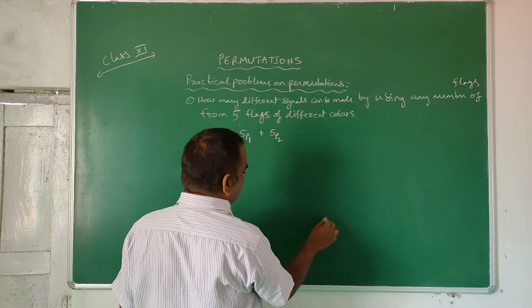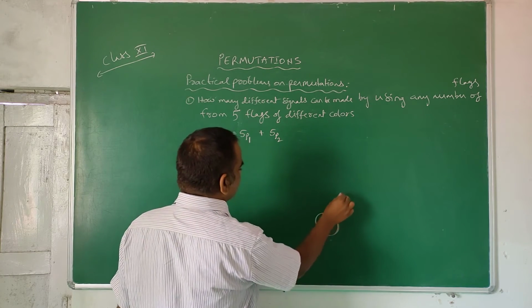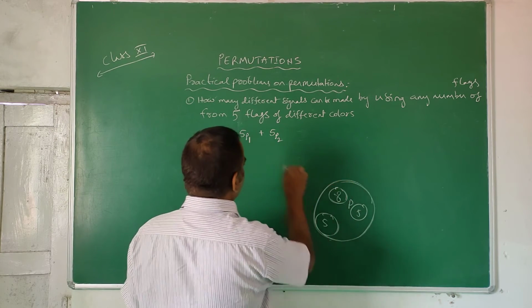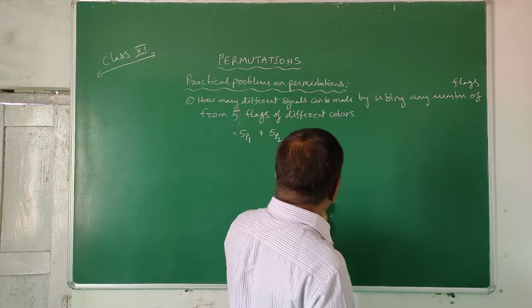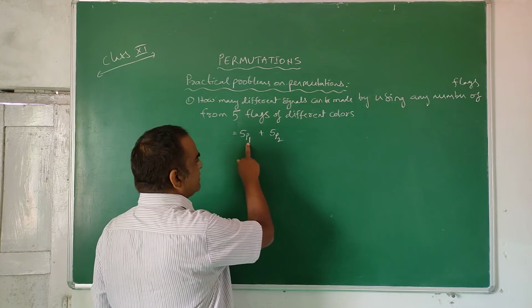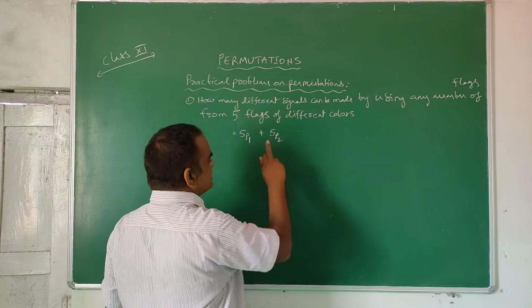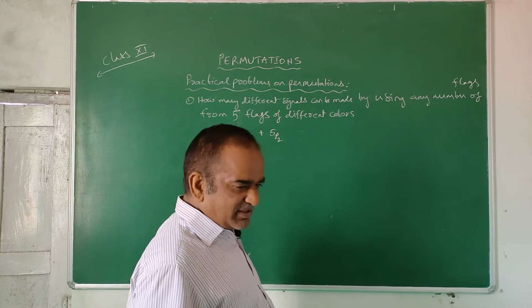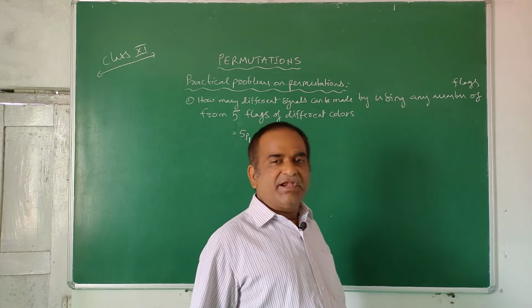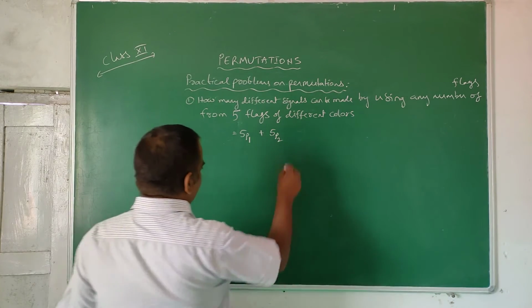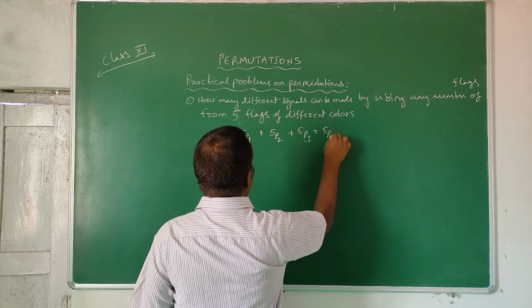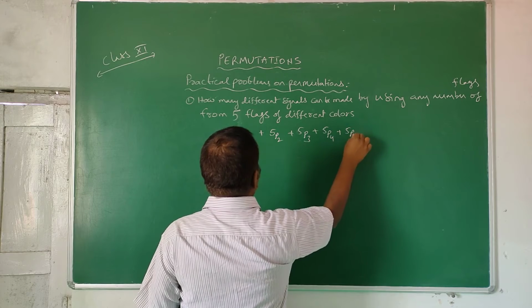In the previous problem, exactly 5 flags must be used from 8, so we used 8P5. But this case is different. He is saying any number of flags can be used to make the signal. So 1 or 2 or 3 or 4 or 5 flags. So here the fundamental principle of addition will come into the picture. So 5P1 plus 5P2 plus 5P3 plus 5P4 plus 5P5.